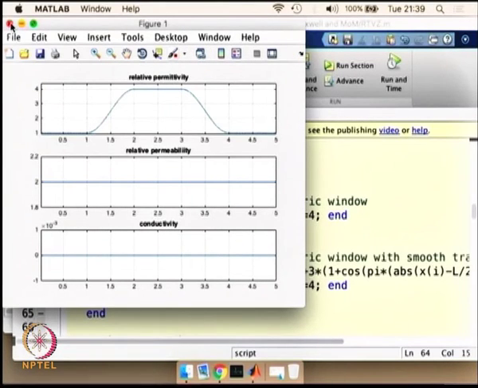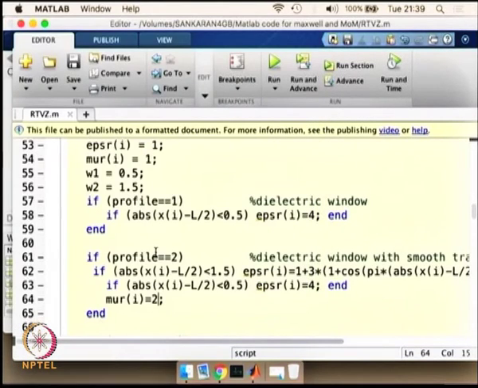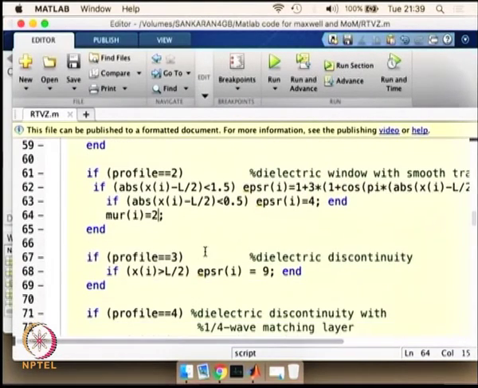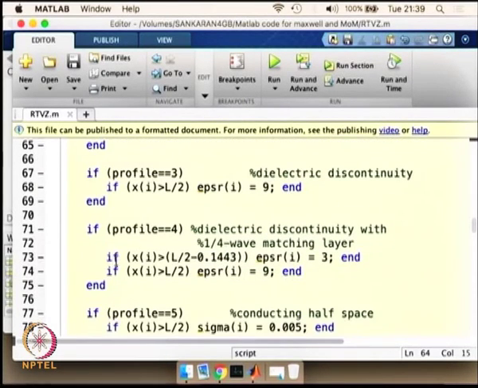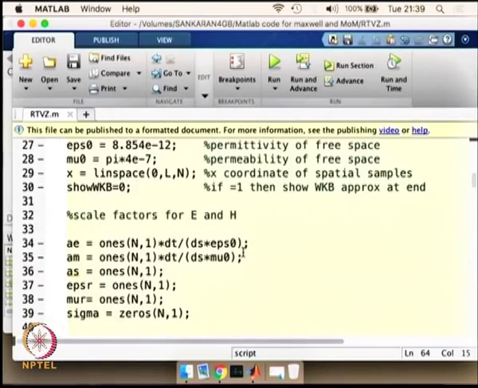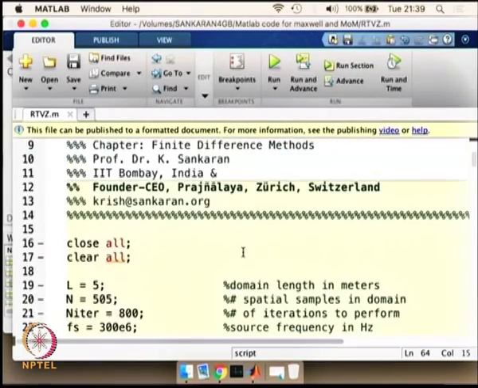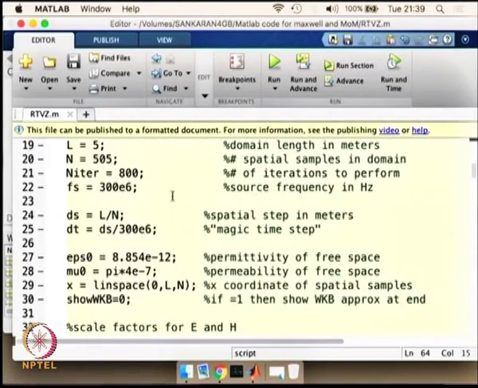So what I would encourage you is to play around with this particular code. This is an excellent code for you to try out various things and change the code accordingly to see the impact of various parameters like the permittivity, permeability, and the value of sigma itself.